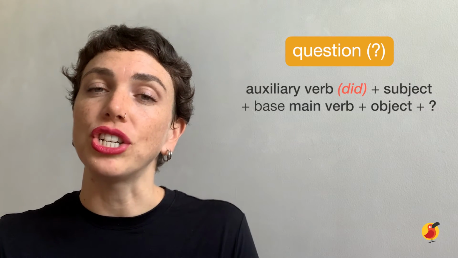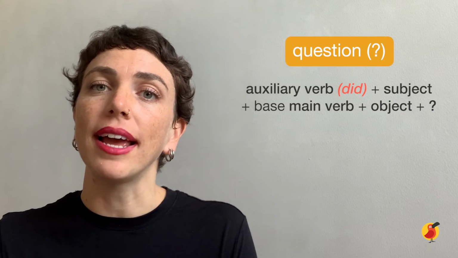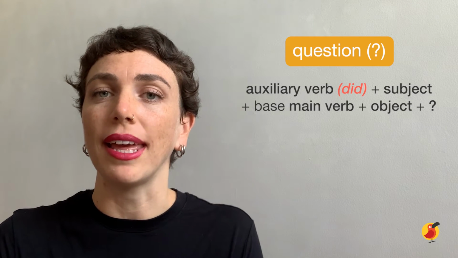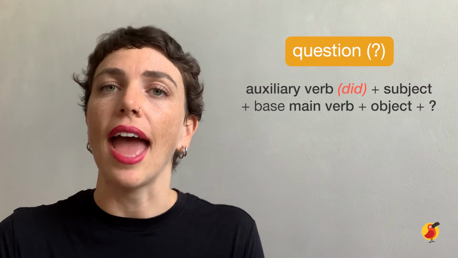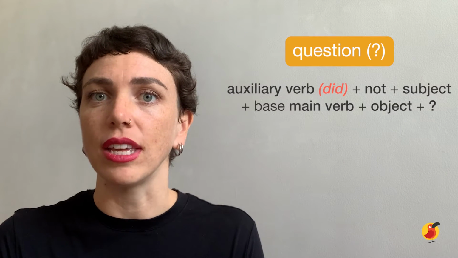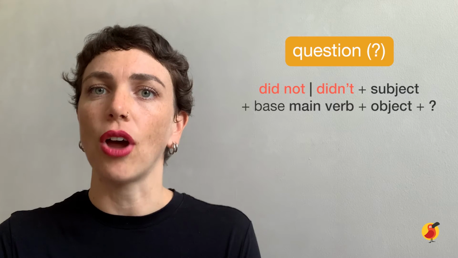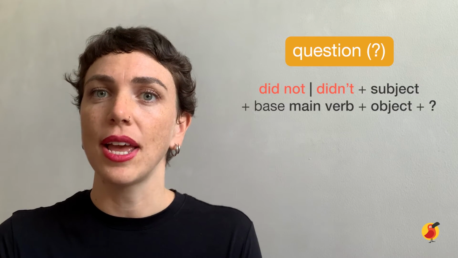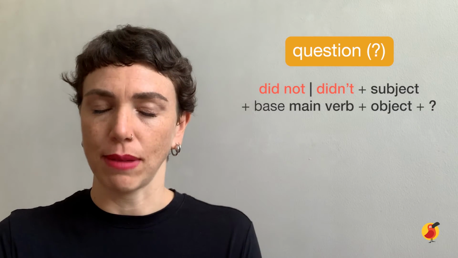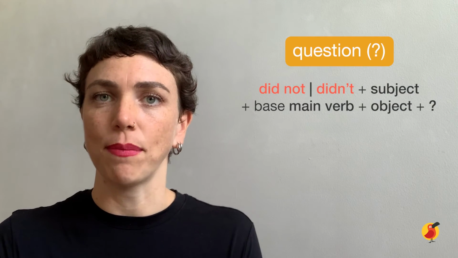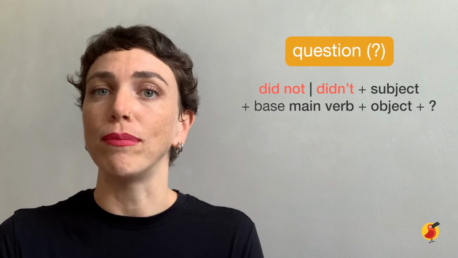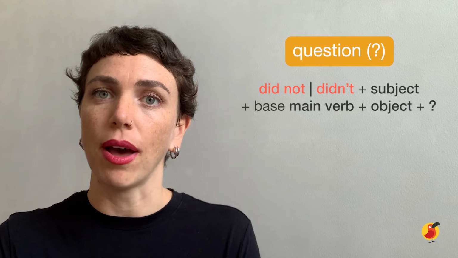To make the question negative, you simply apply the same rules as you would when making a negative sentence and add not after the auxiliary verb, like this. Did not or didn't plus subject plus base main verb plus object plus question mark.